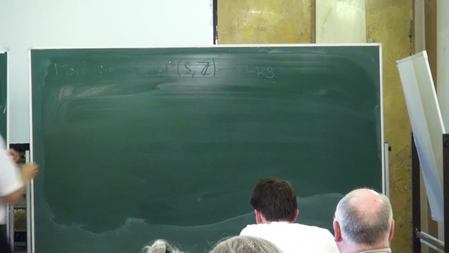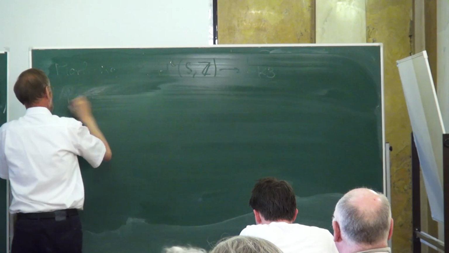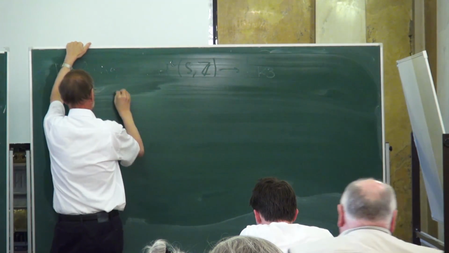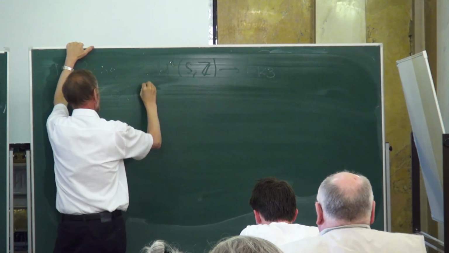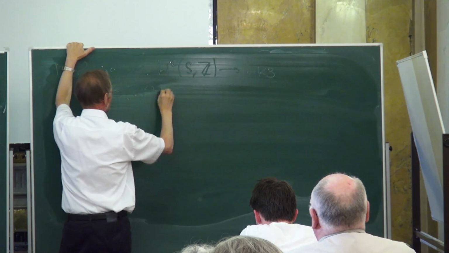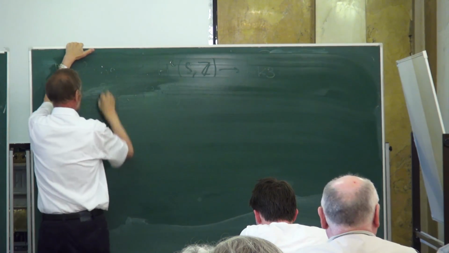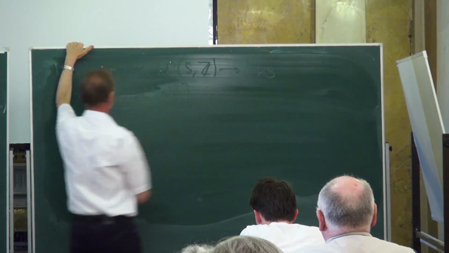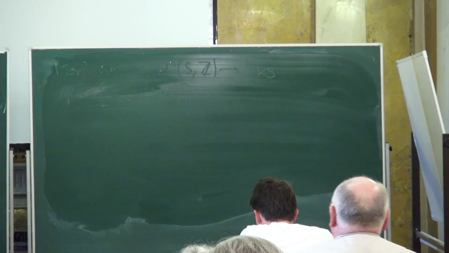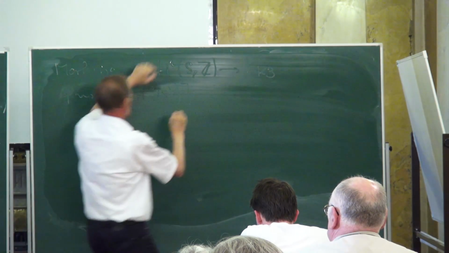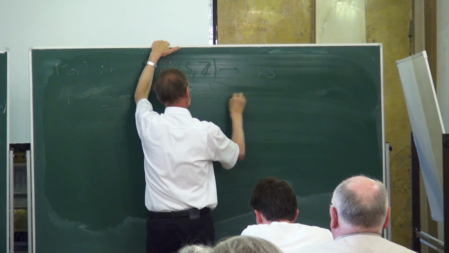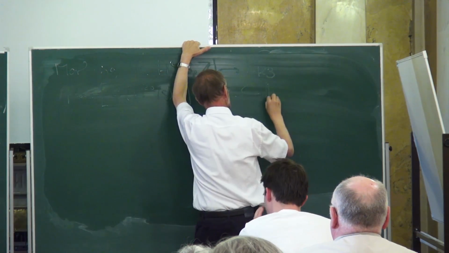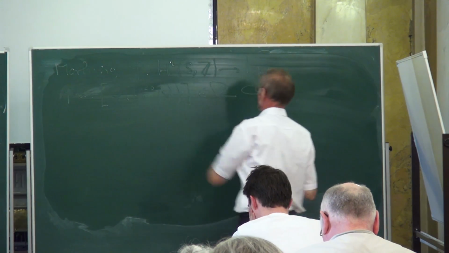Now given such a marking, I can then look at phi of H^{2,0} of S, and I can think of that as a point in projective space. And it's not difficult to figure out that this is in this period domain.